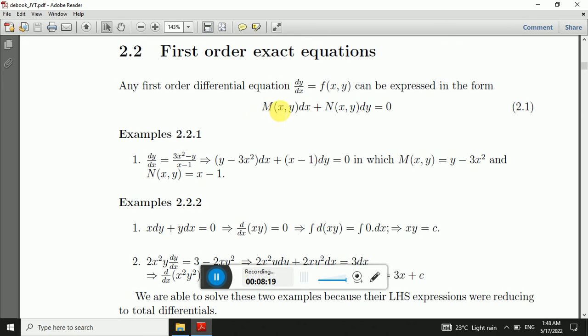What is M and what is N? I want you to get this: M goes with the dx, N goes with the dy. That means N of x,y is x and M of x,y is y.